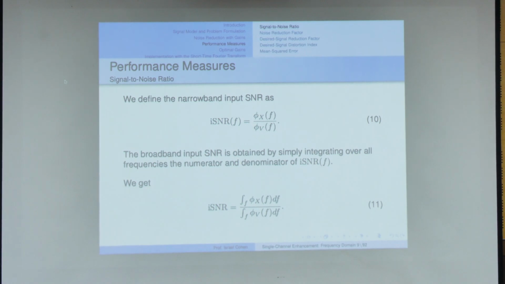And then we also have broadband, which means that we compute this performance measure across all the frequencies. Okay? So the narrowband input SNR is a function of f because we compute it for each frequency separately. And then we have the variance of X divided by the variance of the noise for each frequency.